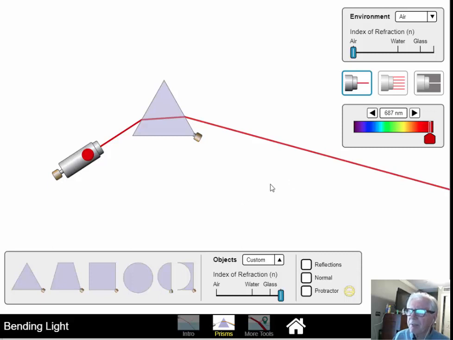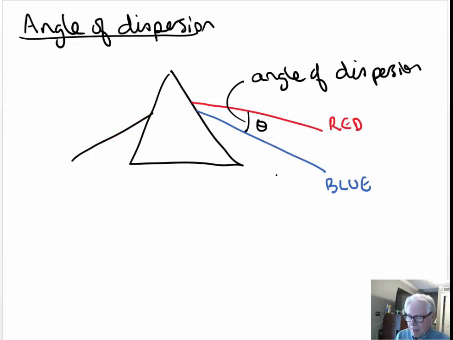because I have to draw it, and the reason I have to draw it is this. If you think about it, to get the angle of dispersion, I've got to backtrace these rays. So I've got to put my protractor somewhere like that, but I don't know where that point is. So I can't actually do a measurement on this using the computer program.